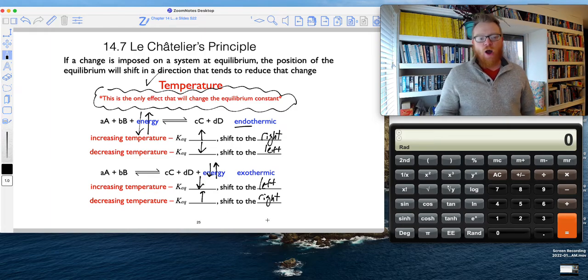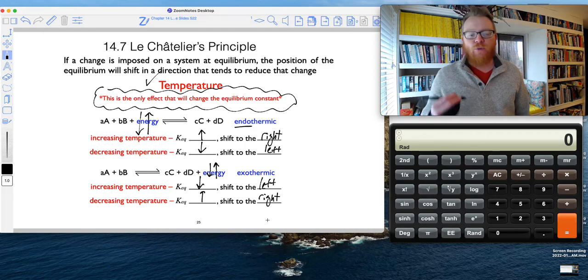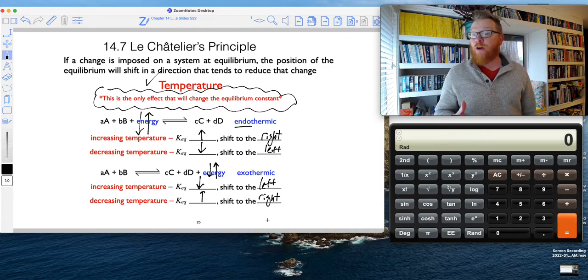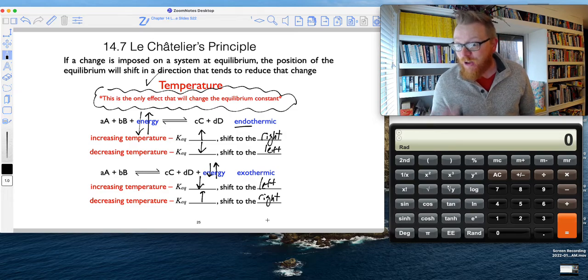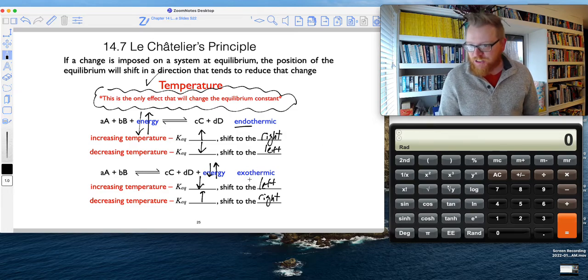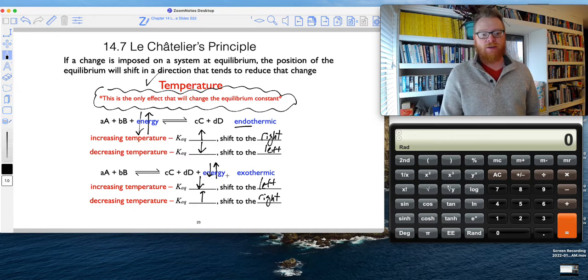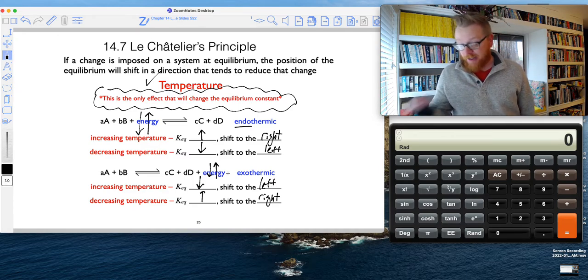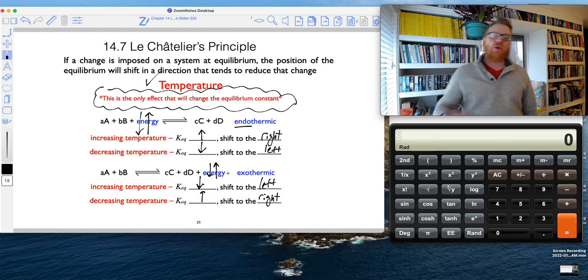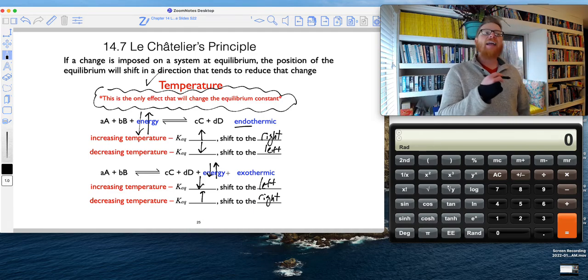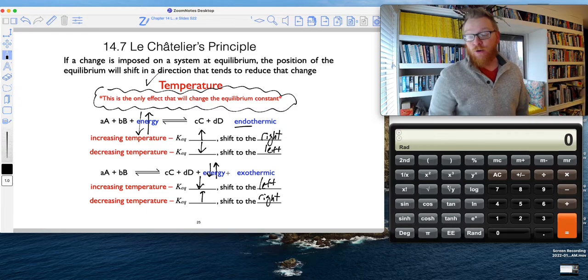So little did you know, combustion reactions are actually far more efficient when it's colder. I'll say that again. When we have a combustion reaction, like a fire or an explosion, energy is a product, okay? So if you do those types of reactions at a colder temperature, those reactants will turn over to products more efficiently.